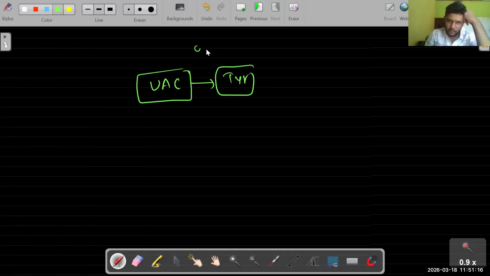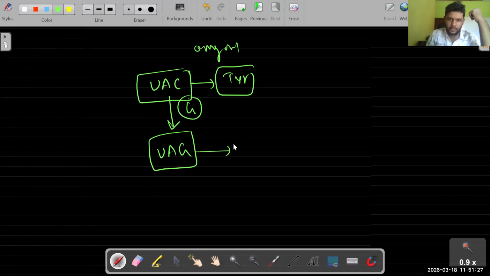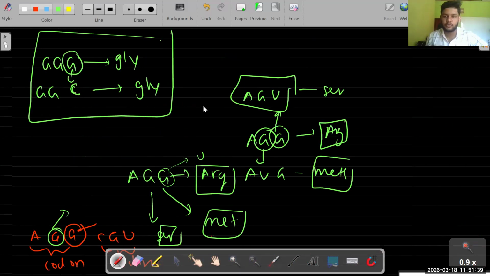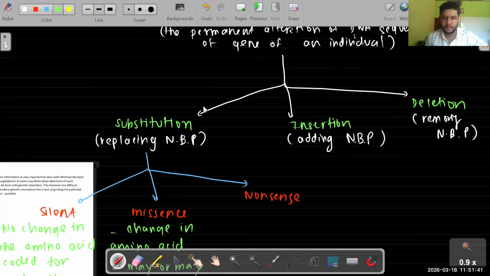This is the original one. Now I am undergoing a mutation where I am replacing this C with a G. Now I get UAG. For UAG, what is the amino acid coded? Stop. Exactly. See here, after the mutation, if a normal codon is converted to a stop codon, then that type of mutation is called nonsense mutation.